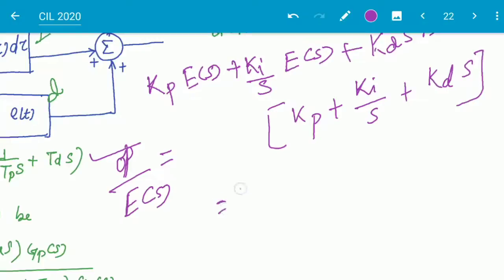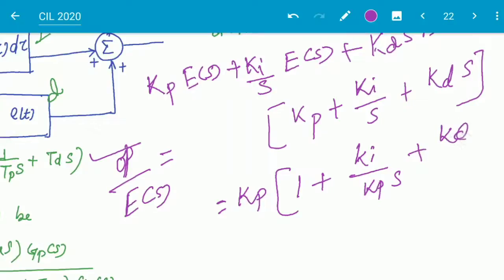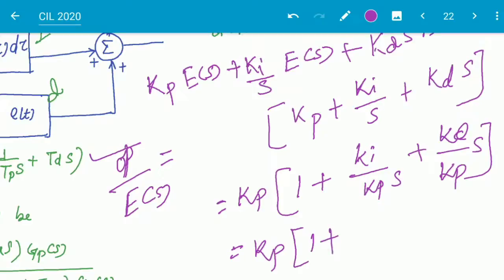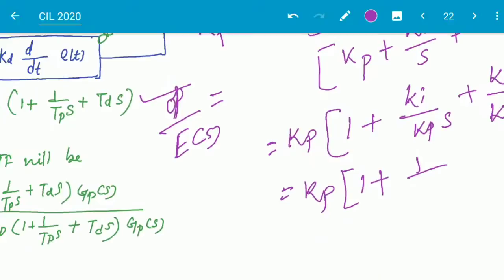If we take Kp common, then it is 1 plus Ki by Kp S plus Kd by Kp S, and here Kp into 1 plus 1 by, we can write it, TpS plus TdS.